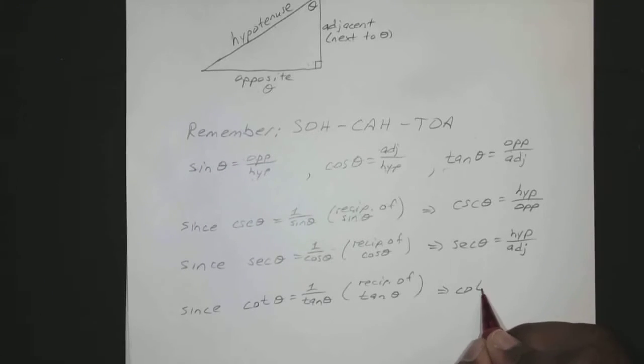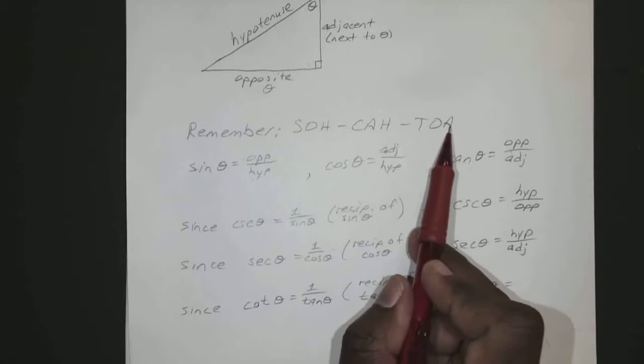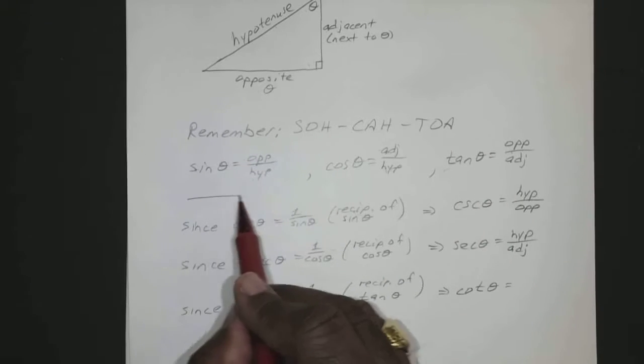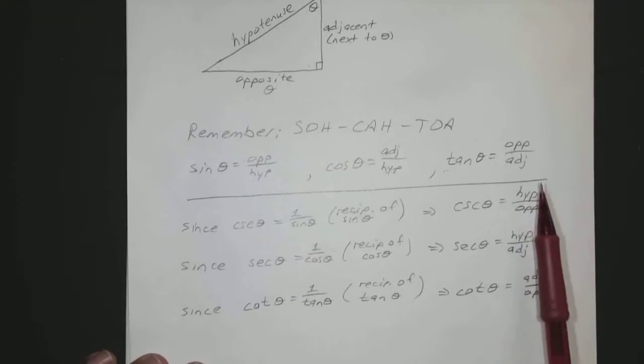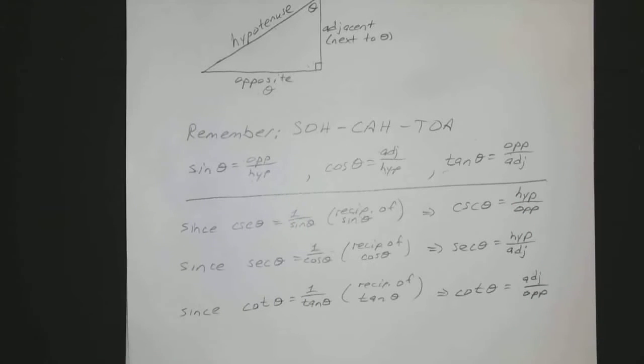So that means cotangent of theta is just equal to adjacent over opposite. Kind of separate these a little bit. All right, so for the most part, if you remember these three, you can figure out the rest in a couple of seconds.